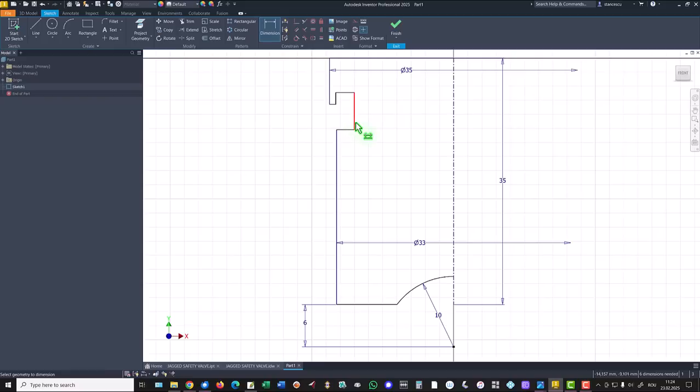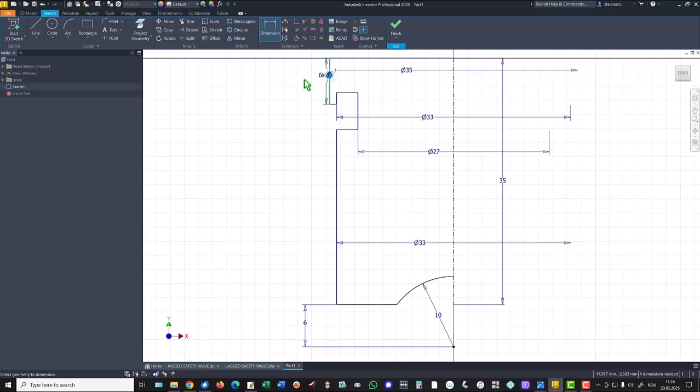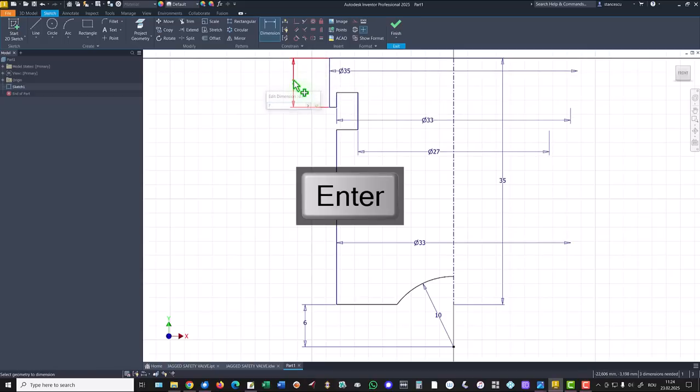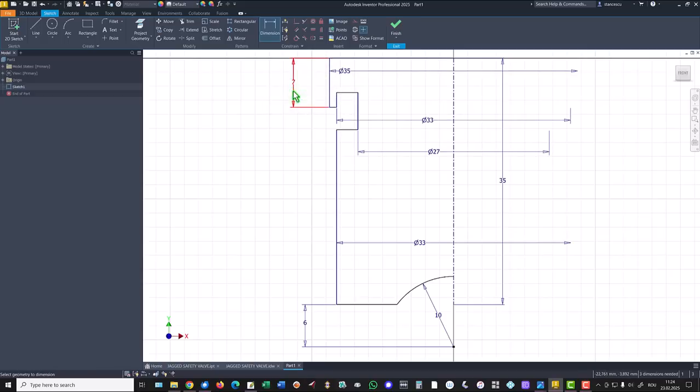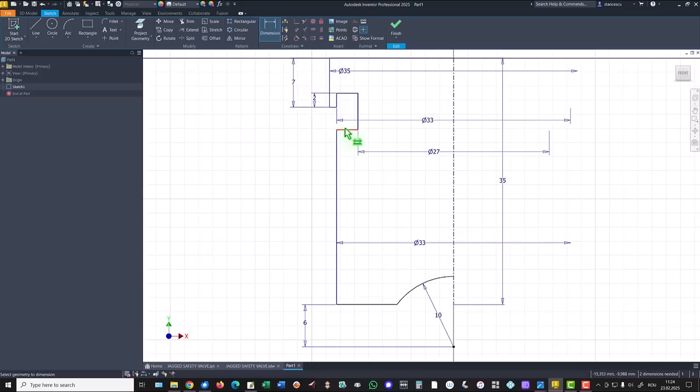Then 27. And again 33. This is 7. This is 2 millimeters, and this is 4 millimeters.